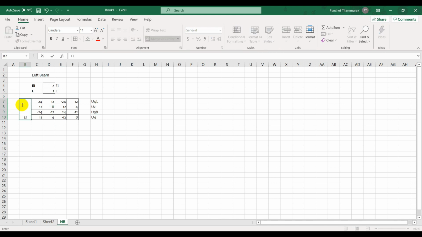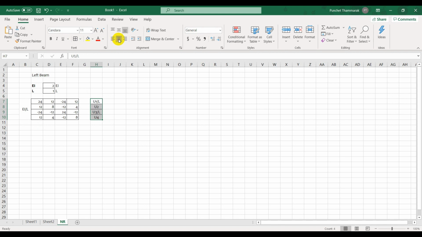So we have the EI over L square out there. If you multiply through, then over L square we have L square times L, and then taking this small one out, it's all over L. EI over L, like that.